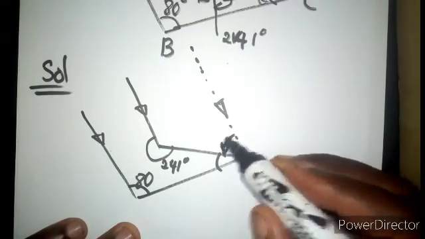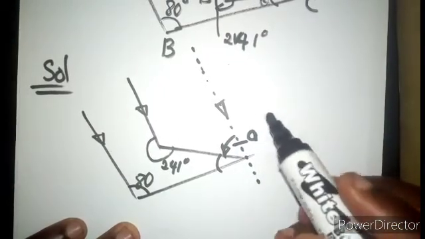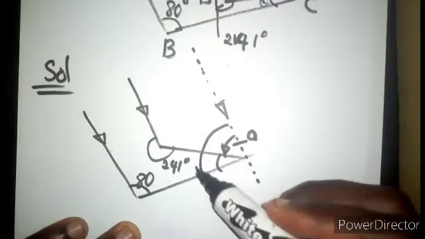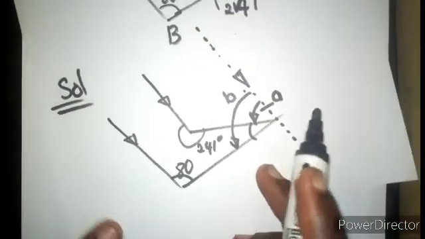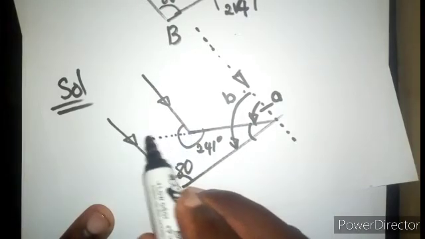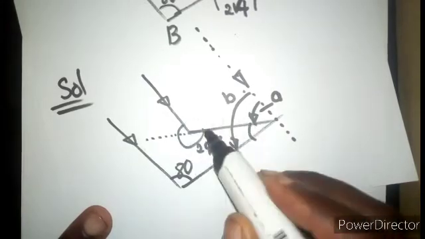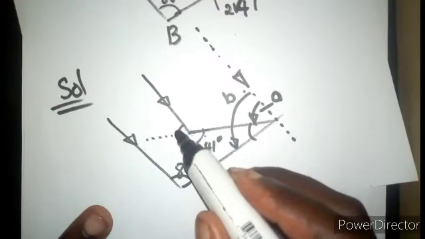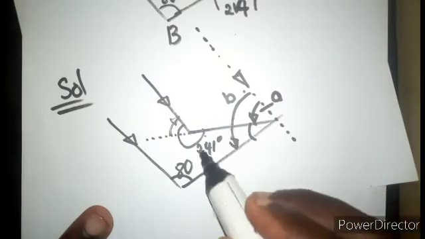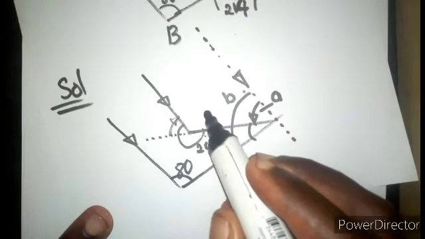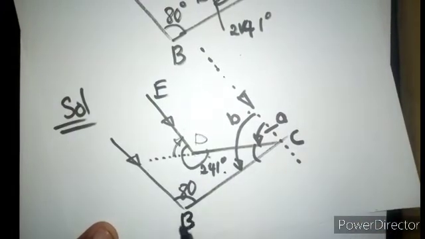Then this angle, we can call angle A, and the whole of this angle, we call it B. Extending this line, we see that this angle is 180 degrees, left with this angle of 241 minus 180 degrees.